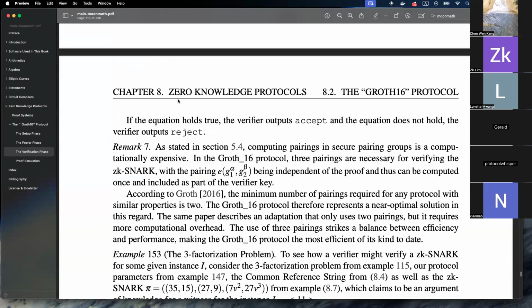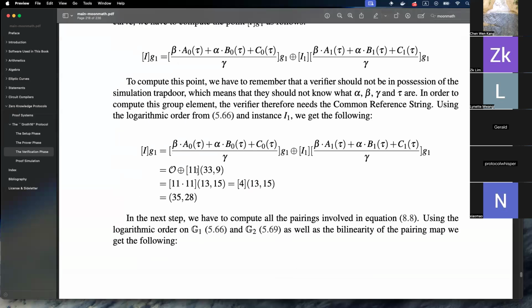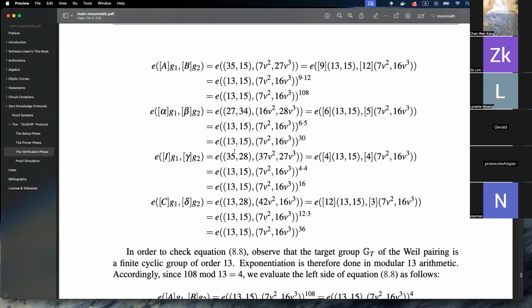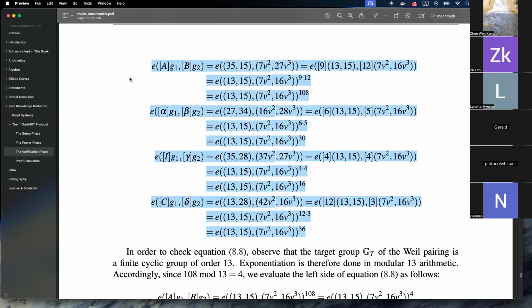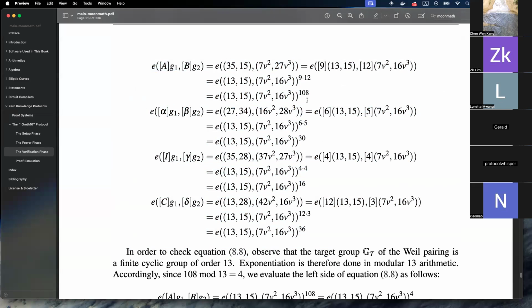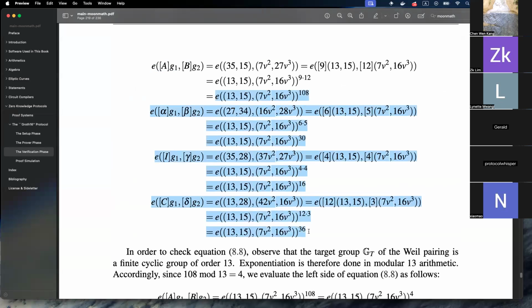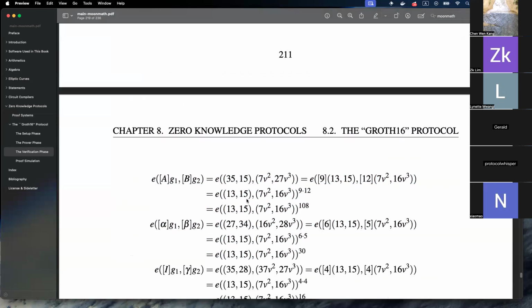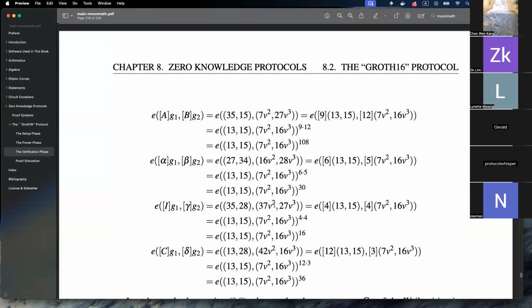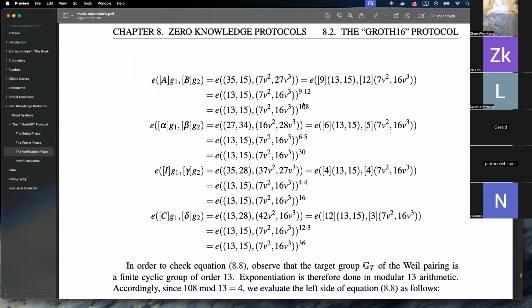So essentially, you can think about it like here. It's doing this check. So e(A,B) is this, e(alpha,beta) is this, e(I,gamma) is this, and then e(C,delta) is this. And if you look here, they are all equivalent, right?